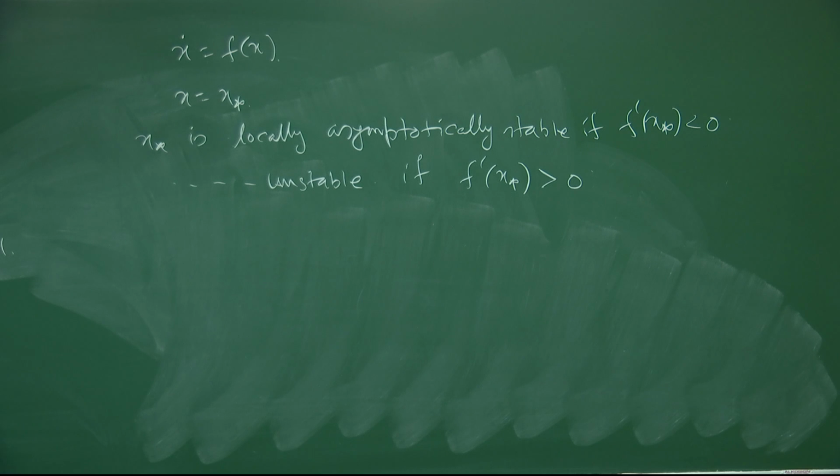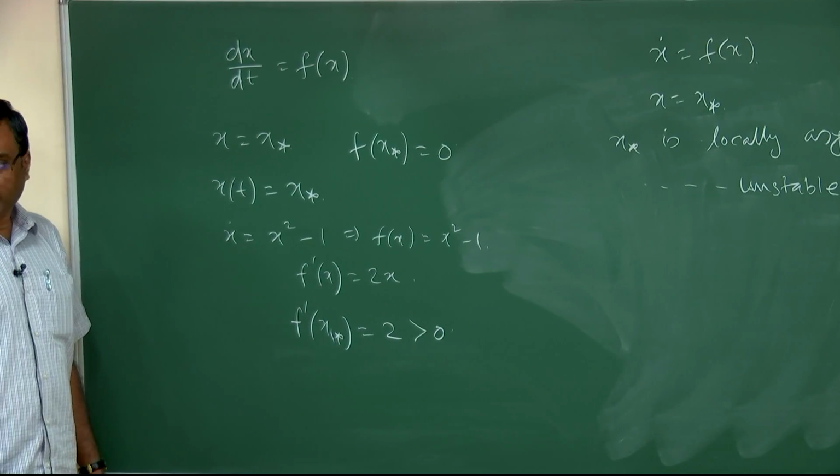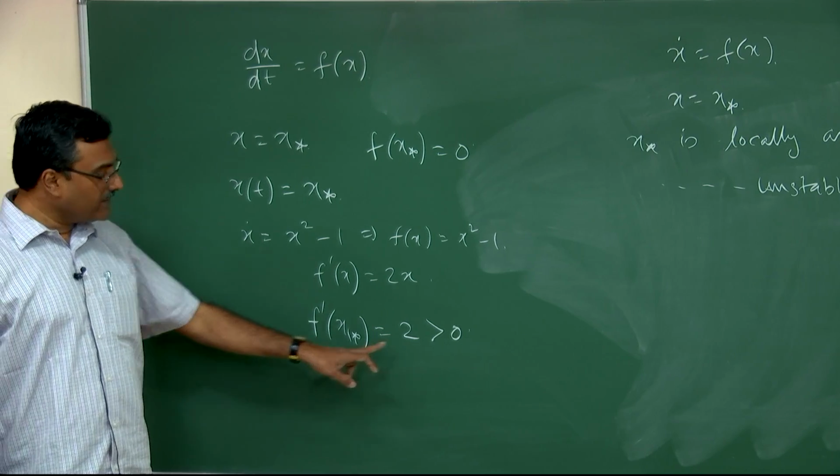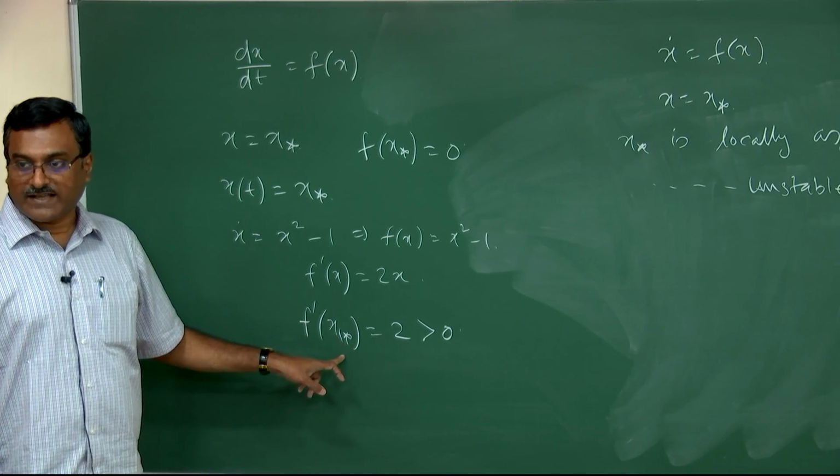From where you can calculate f'(x) equal to 2x, and then f'(x1*) is 2, which is greater than 0. So as f'(x1*) is greater than 0, x1* is unstable.